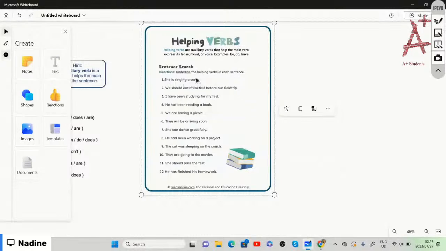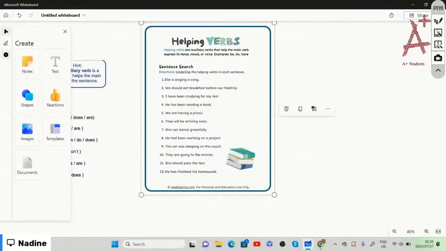So now we are going to underline the helping verb within each sentence. And remember, we said the helping verb comes before the main verb, right? The helping verb comes before the main verb.